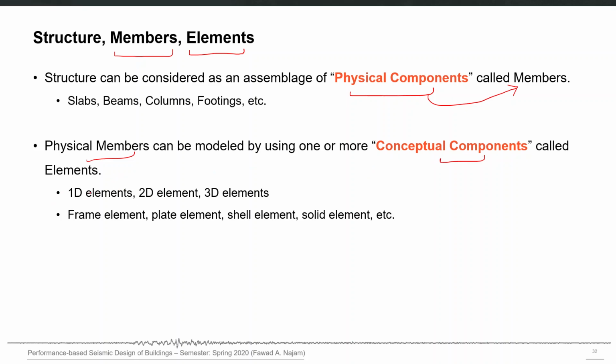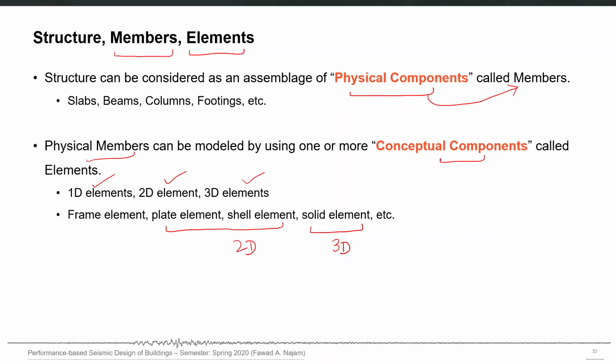So for example, one-dimensional elements, such as a frame element, two-dimensional finite elements or three-dimensional elements. For example, a plate element or shell element is a two-dimensional element in finite element formulation, and a solid element is a three-dimensional element in finite element formulation.